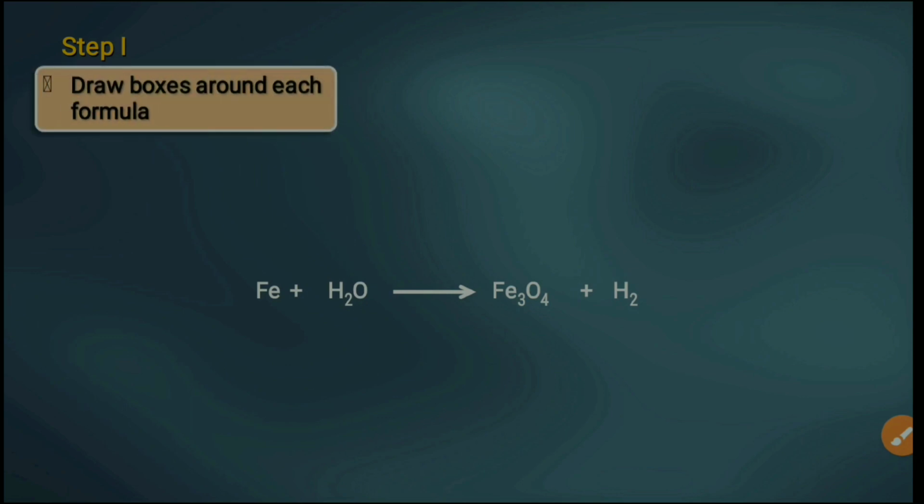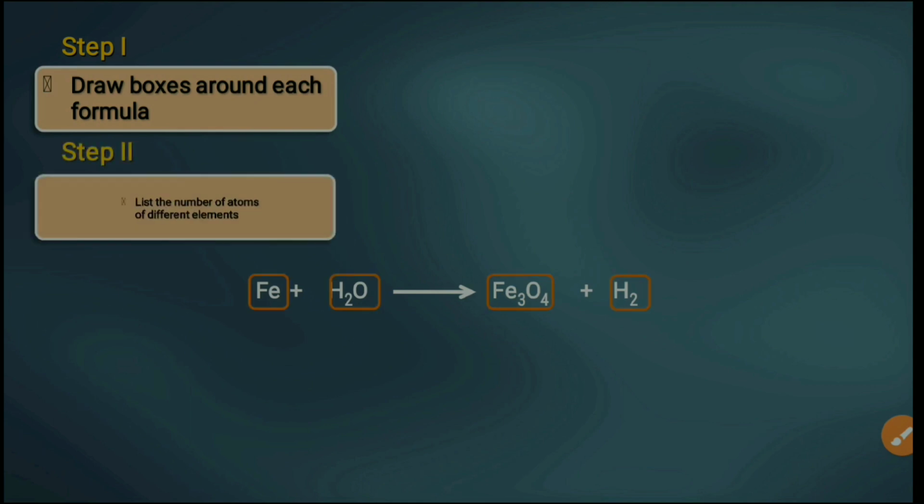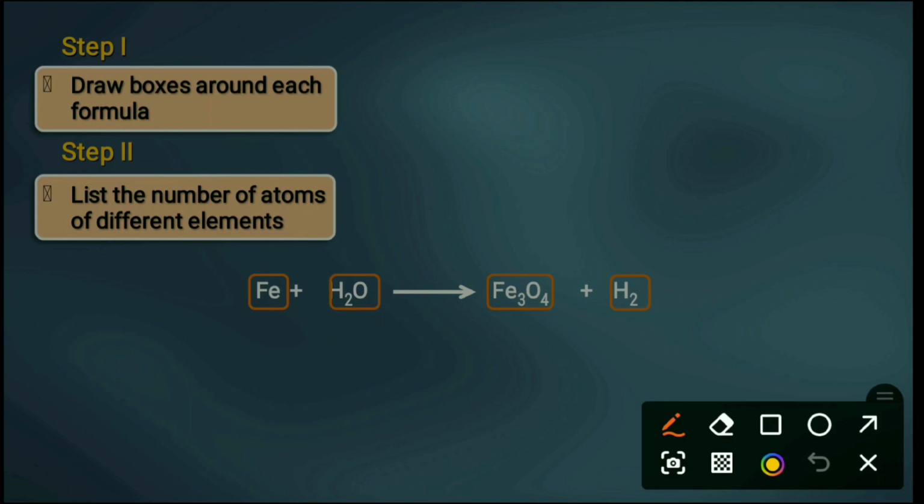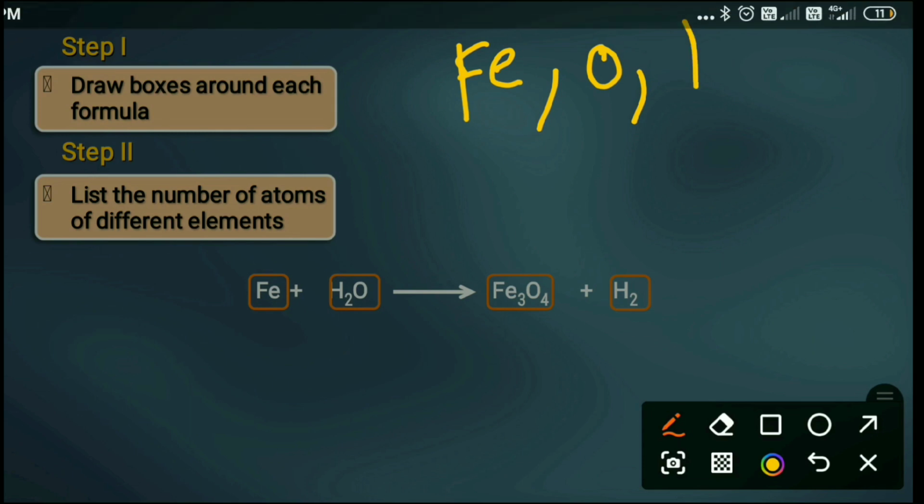To balance now, we will draw boxes on each formula. Step 2. List the number of atoms of different elements. Here the different elements are iron, oxygen and hydrogen. So we have to balance all these elements.